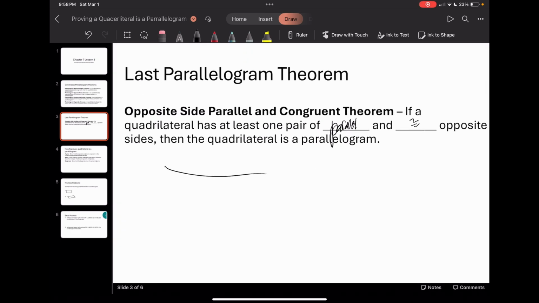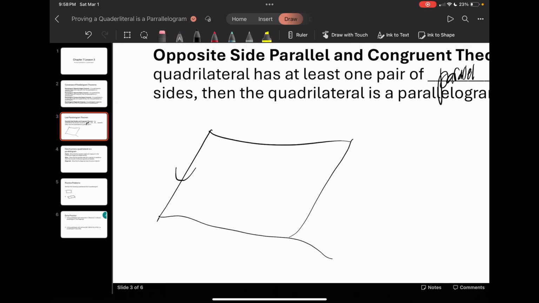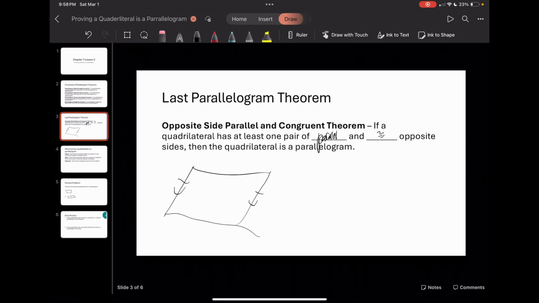So if we have a quadrilateral with at least one pair of congruent and parallel sides, and all the lines are straight, then this is a parallelogram by the theorem we just saw above.